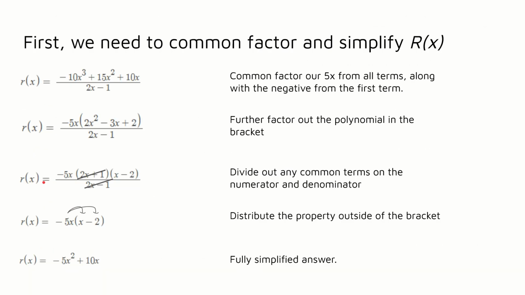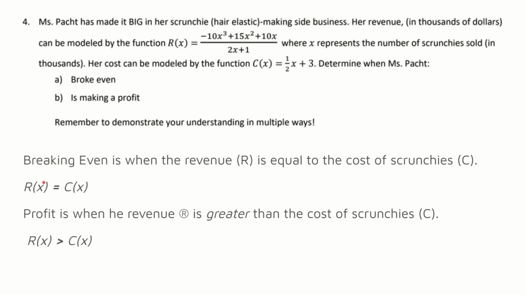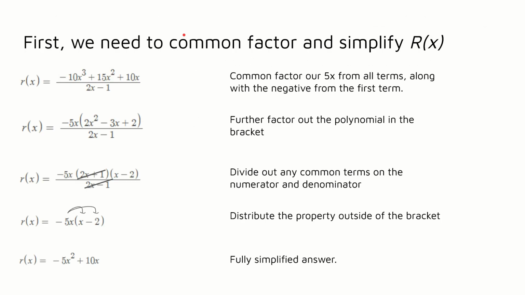First, we need to common factor and simplify R at x. Notice how R at x has a cubic power up there. We can't factor that out, so we have to common factor. What do all three of these terms share? They all share a 5x. We can also take out a negative from the first term, so we have negative 5x on the outside, whereas this can now be factored again.